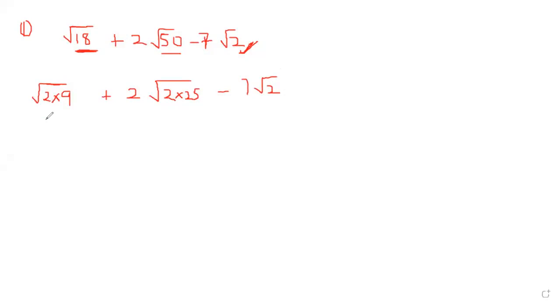This can also be re-expressed as the square root of 2 times the square root of 9, plus 2 times the square root of 2 times the square root of 25, then finally minus 7 root 2.